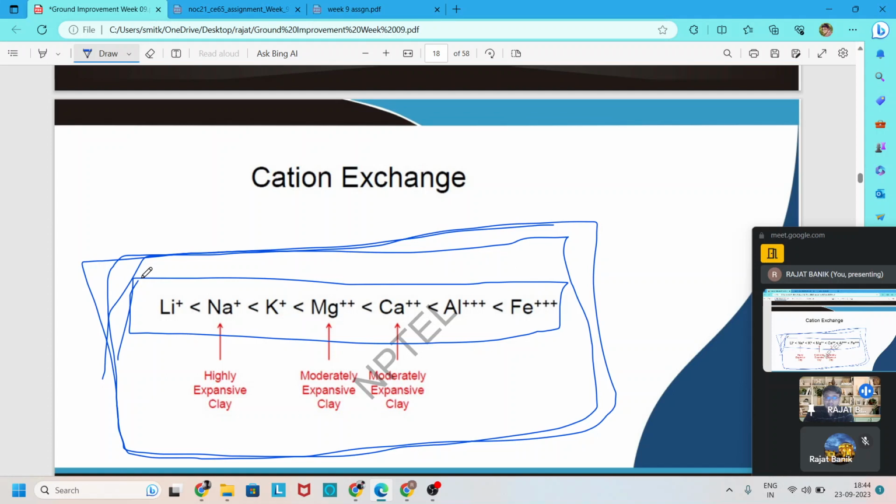So it is said that sodium is less attractive, or we can say sodium has less cation exchange than calcium.